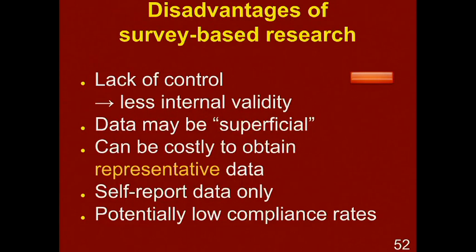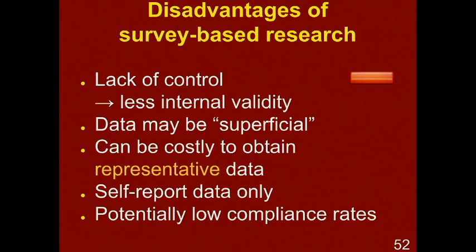By definition, we're only getting self-report data, which means that if we're looking for data from people who can't read or don't have sufficient awareness or willingness to report on that data, then this might not be the best technique.